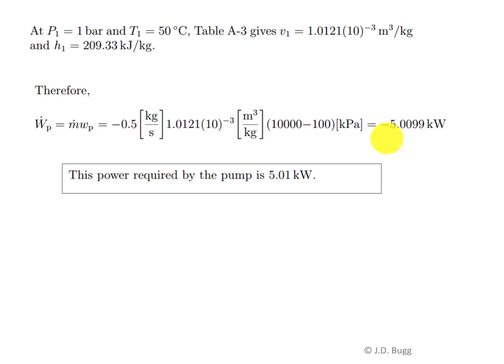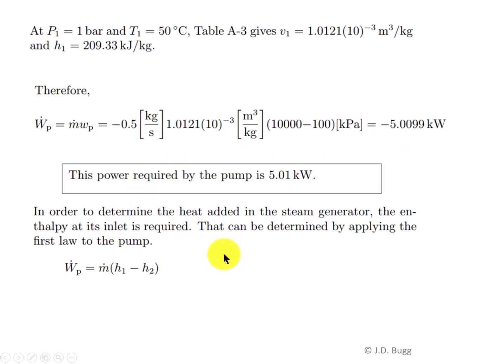Notice that we haven't used the first law for the pump yet. Instead, we calculated the work for the pump directly from minus the integral of v dp. So we can return to the pump now and write the first law for the pump, not to find the work transfer because we already know that, but to calculate the enthalpy at its exit.